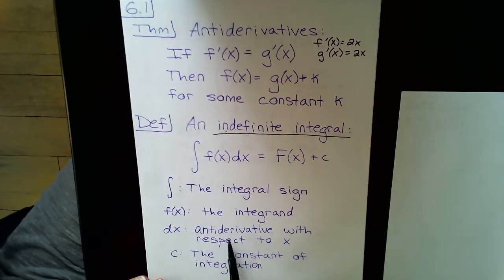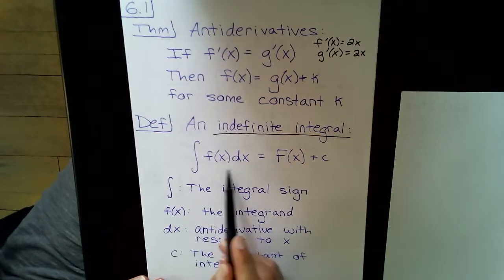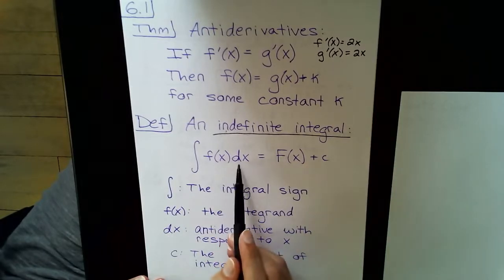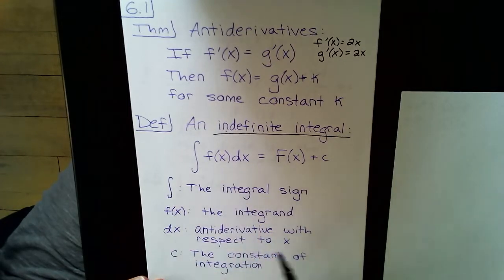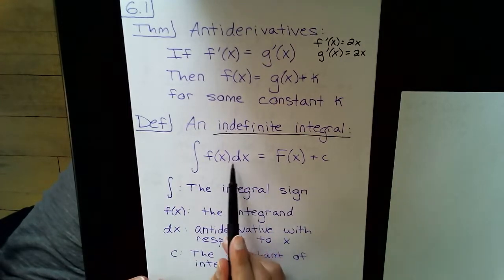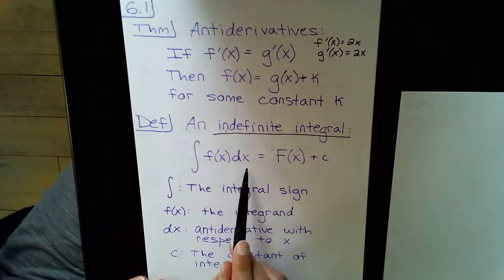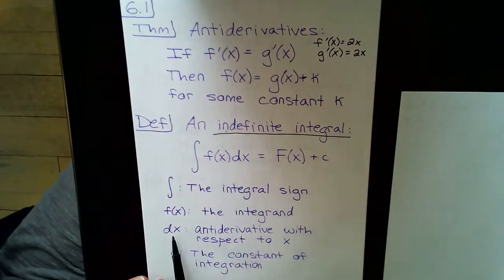Dx is the antiderivative with respect to x. So whenever you see it in your antiderivative, this should always come last. Dx, dt, du, dw, whatever it is, this should always be the last thing in your integral. And this letter that comes after the d tells you what variable you're taking the antiderivative with respect to.